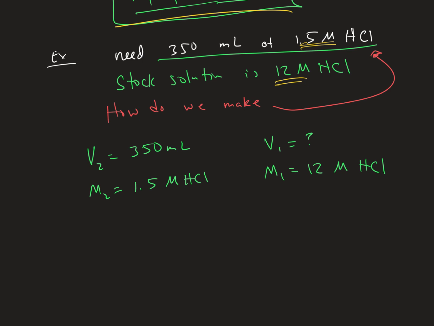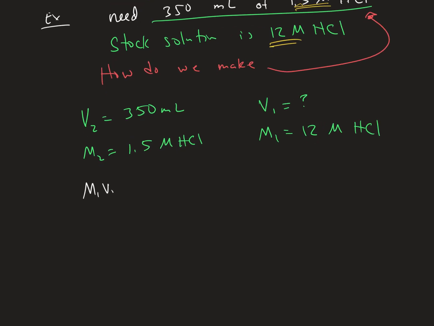All right, so let's grab this equation, M1V1 equals M2V2. Let's solve symbolically first. Solve for V1, so let's divide both sides by M1. There it is.